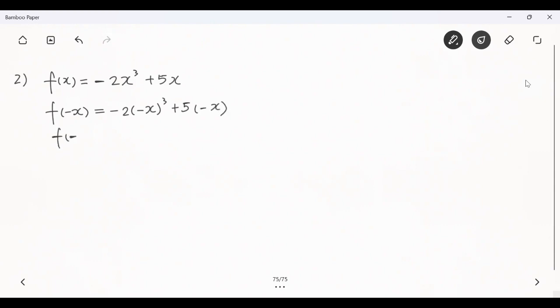Then simplify, f negative x equal negative 2 times negative 1 times x cubic, right? Minus 5x. Then negative times negative, so it becomes 2 times x cubic minus 5x.